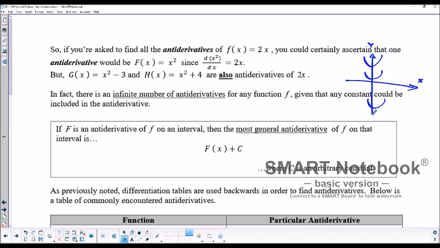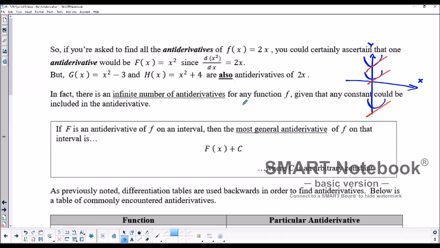So anywhere along that line, along any vertical translation, the antiderivative will still be x squared, but it could be anywhere along that, because the derivative of each of these, the gradient or the slope of the tangent, is still going to be the same. So the derivative is going to be 2x for any one of those. Doesn't matter where they are translated.